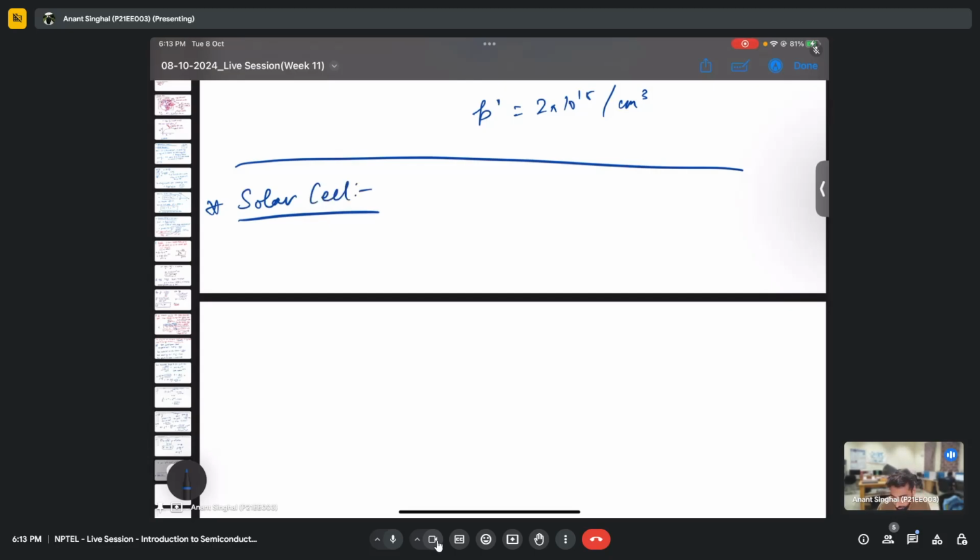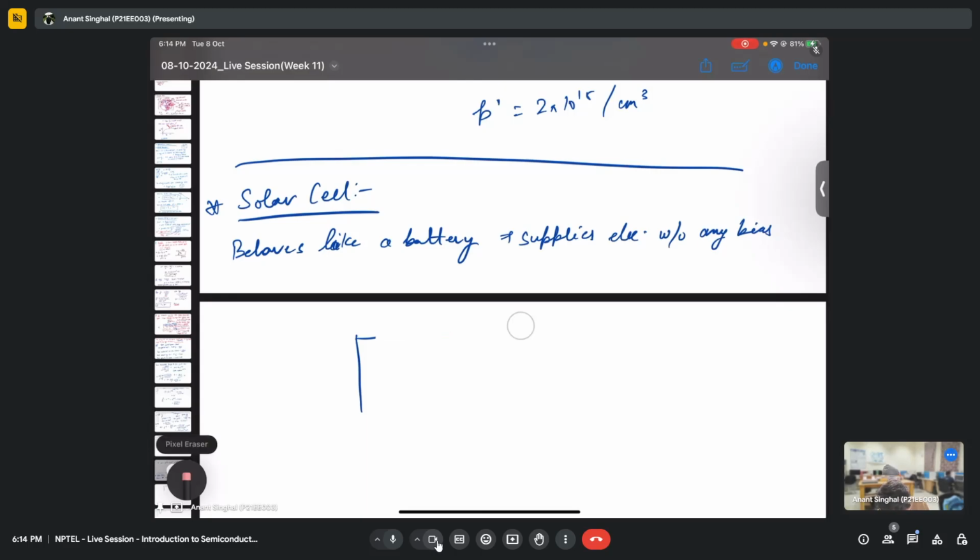So solar cell is nothing but it behaves like a battery. I'm trying to explain it in very generic terms. It basically supplies electricity without any bias. How come? Because we are having incident energy which is in terms of photons.